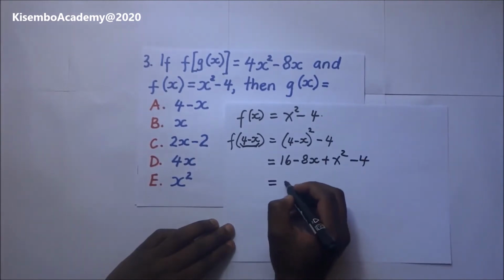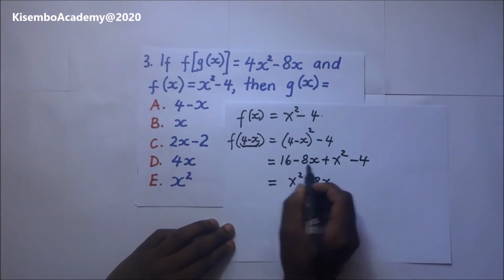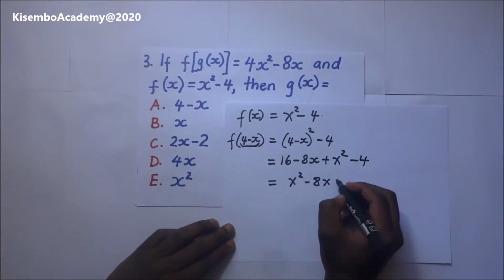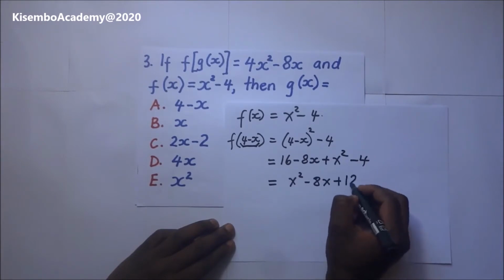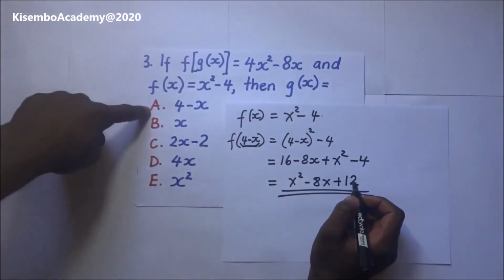This becomes x squared minus 8x, then 16 minus 4 is 12, plus 12. Now this expression is not that, so a is out.